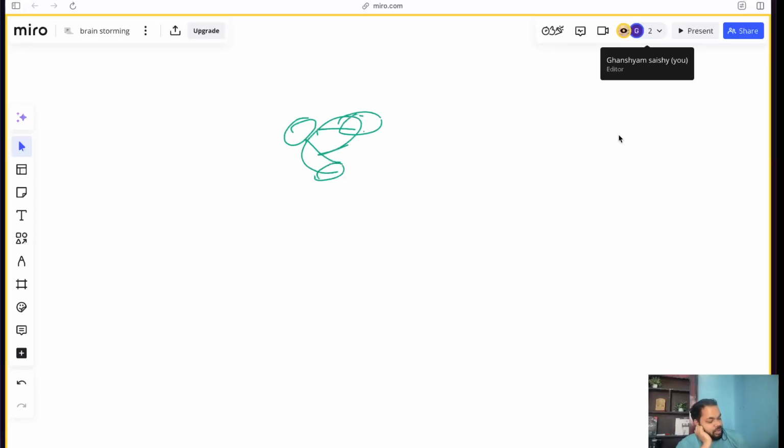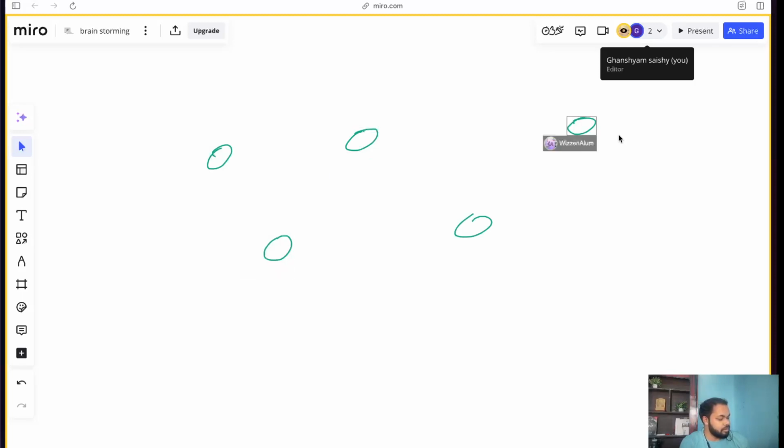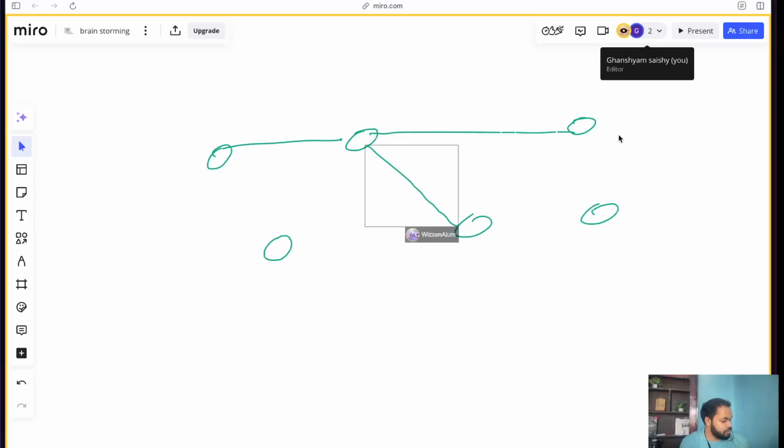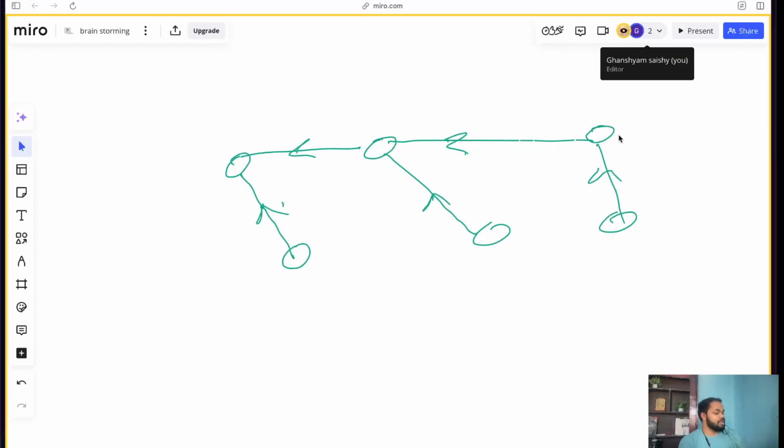This is acyclic now, so we need to create an acyclic directed graph. Okay, let's do that. This is our graph: 0, 1, 2, 3, 4, 5.